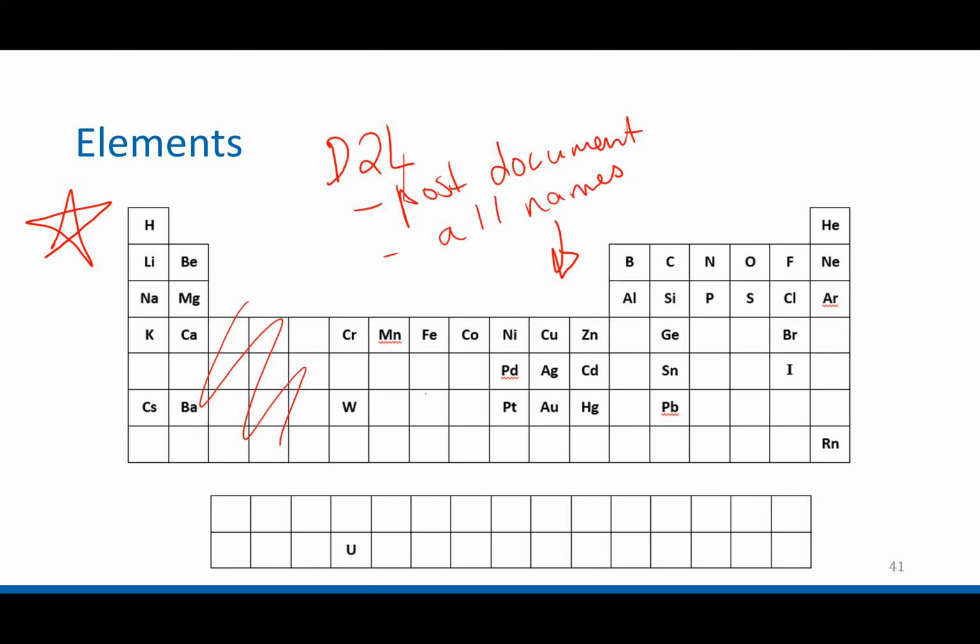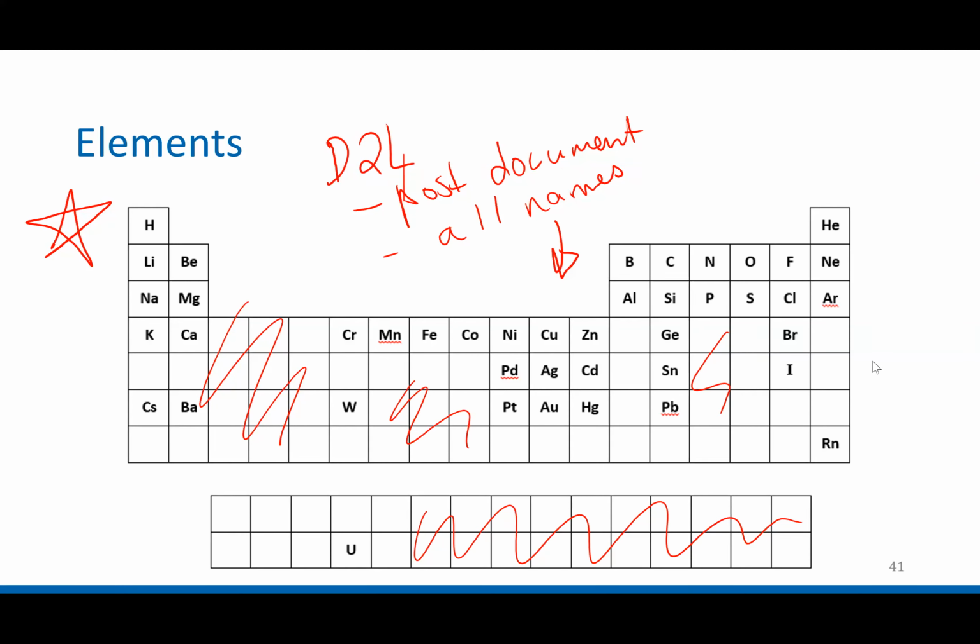So obviously not the blank spaces, but all of the other ones listed, you should know what the letters stand for. So rather than read them out to you in class, I don't think that's a valuable use of our time. I have a document that I've created that lists all of the symbols with all of the names, and I will be sharing that with you today.